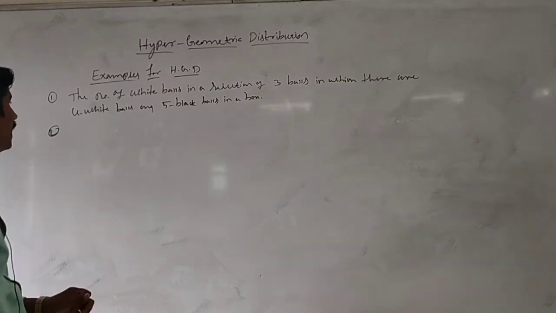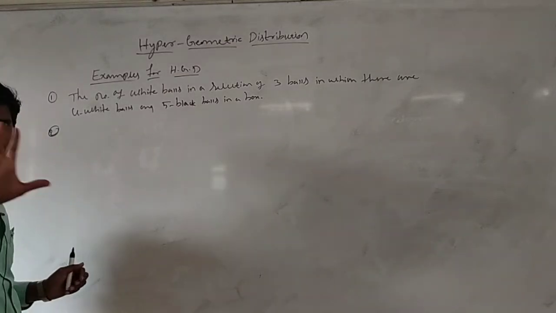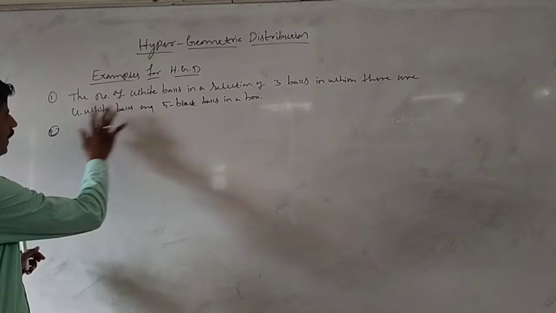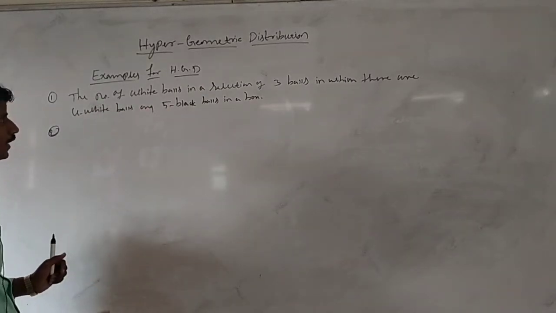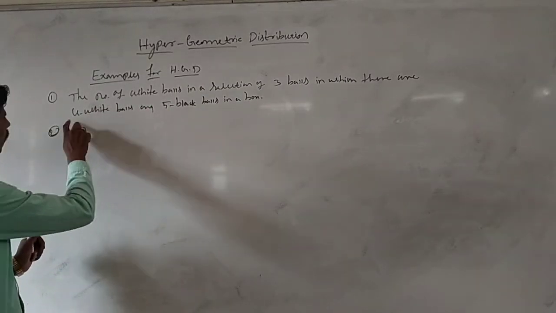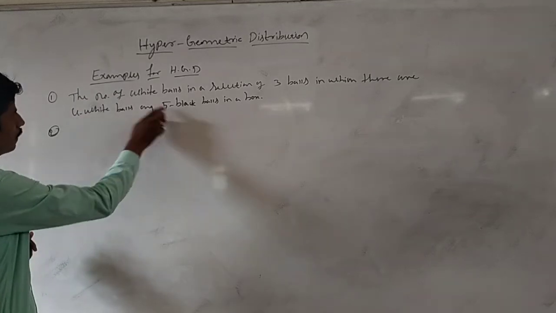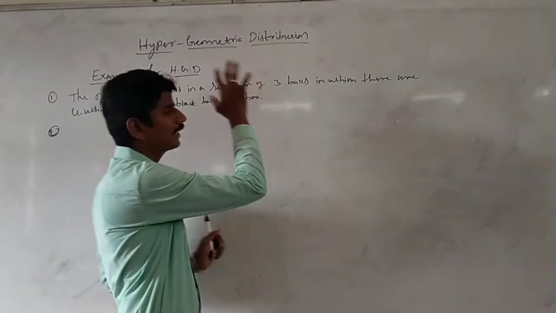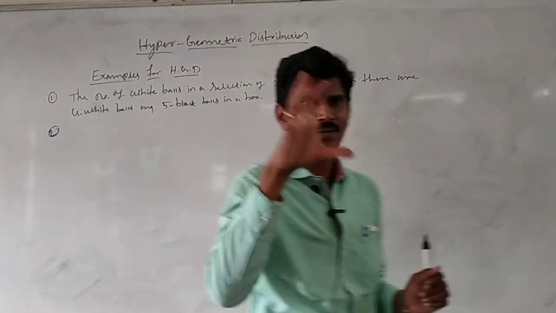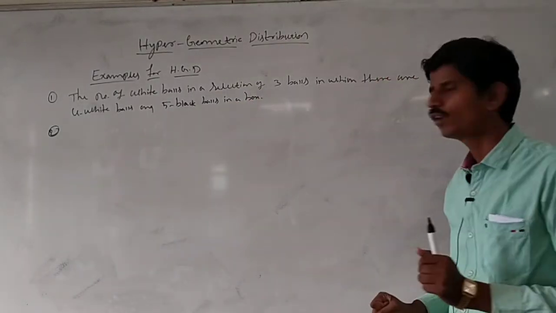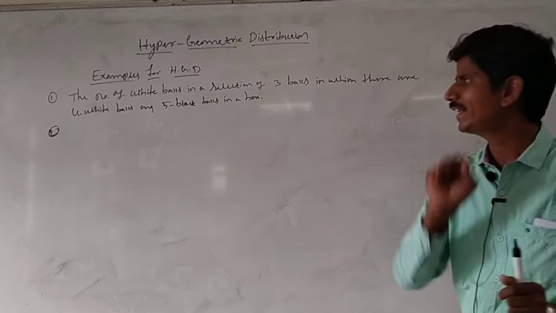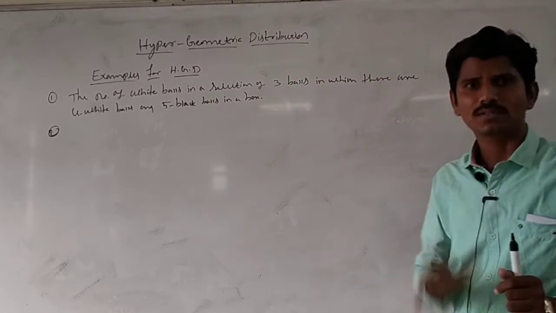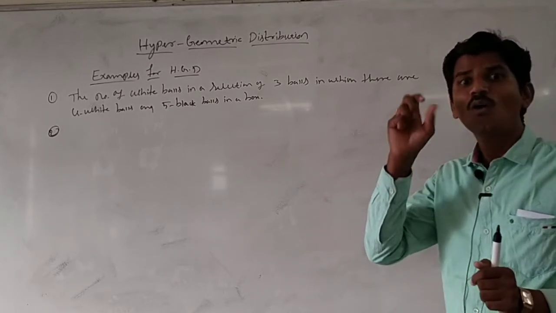Okay, here the box totally contains how many balls? 4 plus 5 is 9 balls. Out of 9 balls, 3 balls are randomly drawn. Then what is the probability of getting a white ball?